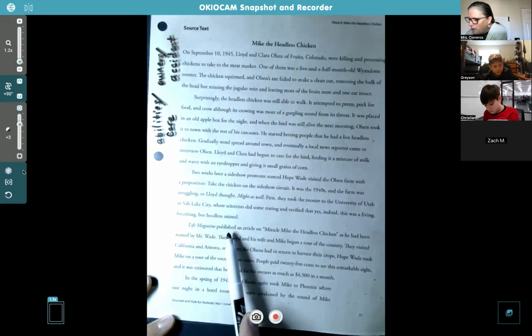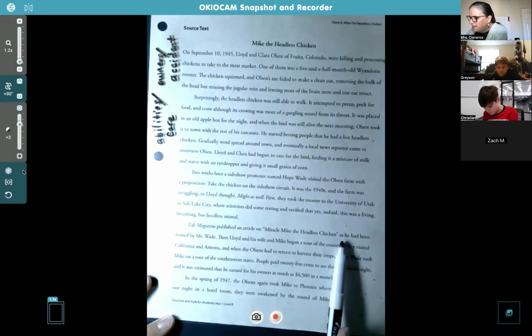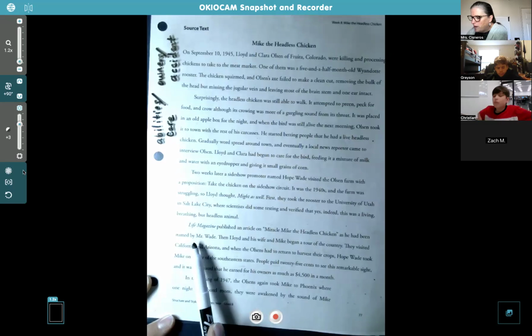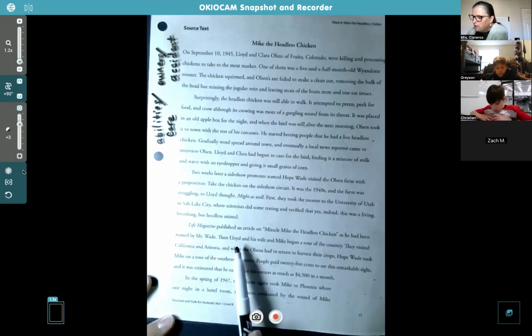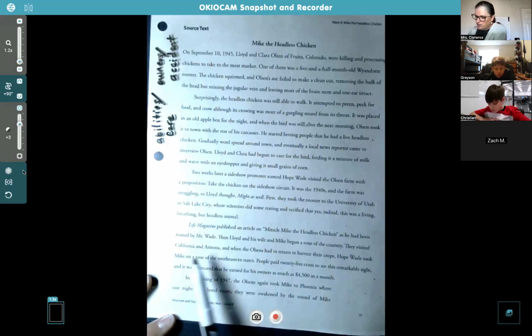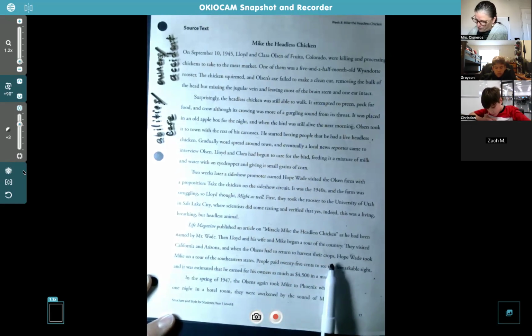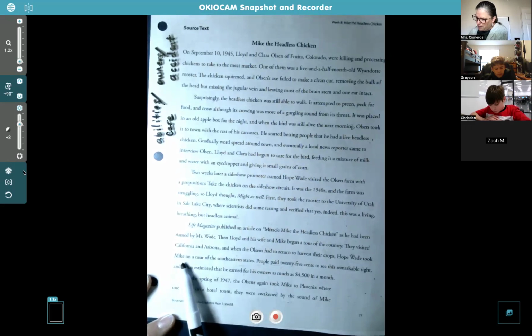Life magazine published an article on Miracle Mike the Headless Chicken, as he had been named by Mr. Wade. Then Lloyd and his wife and Mike began a tour of the country. They visited California and Arizona, and when the Olsons had to return to harvest their crops, Hope Wade took Mike on a tour of the southeastern states.